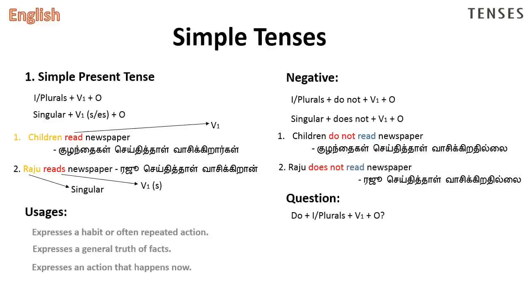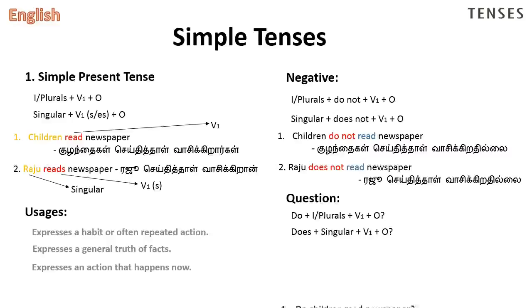First, formula. Second, negative formula. Third, question formula. And then the usages, that is very important. So if you know these three, you can easily understand and write simple present tense. If you know all the tenses like this, you will be expert in English. Okay. So now I am going to give you homework here.